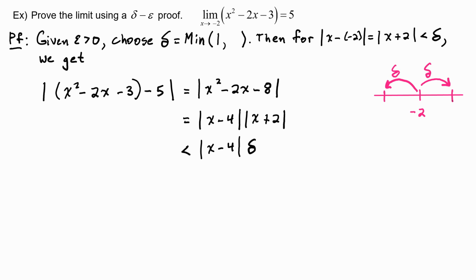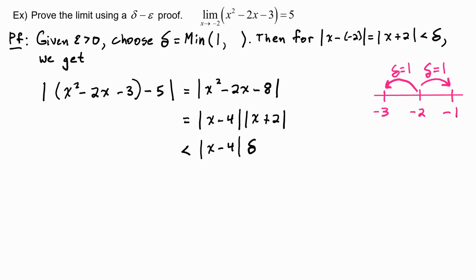And in our worst case scenario analysis, we are going to let delta be as gigantic as 1. If that happens, if we're at negative 2 and delta is 1 going to the left, then that means we are over here at negative 3. If we start at negative 2 and go to the right by 1, then we are at negative 1.